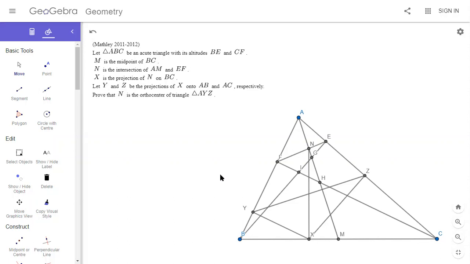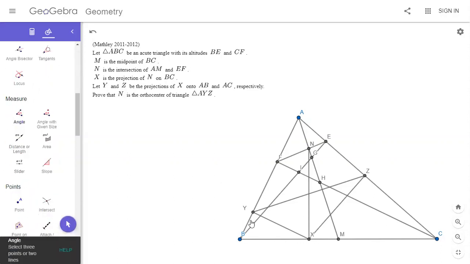Yeah, maybe there's a better way to think about this. I wonder if AX is the median. Yeah, AX is the median.